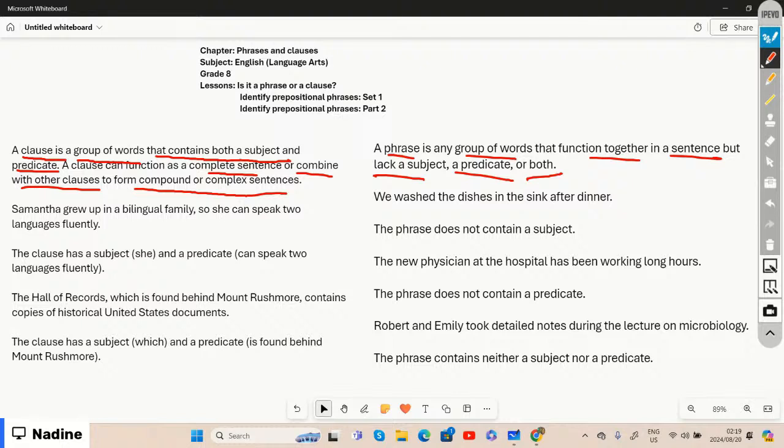All right. So we are identifying or saying, is it a phrase or is it a clause? All right.